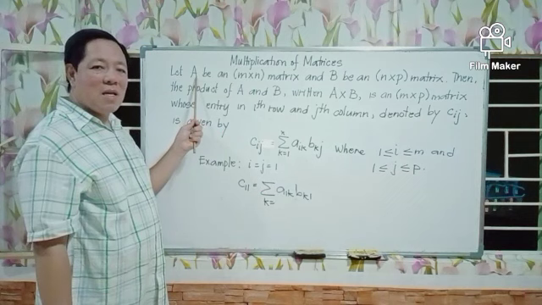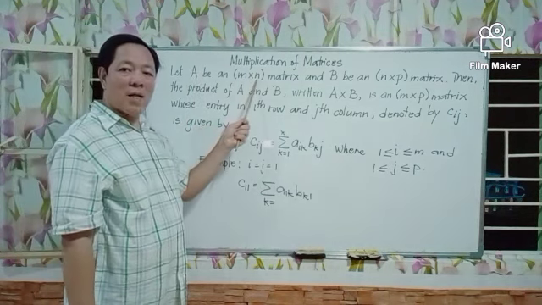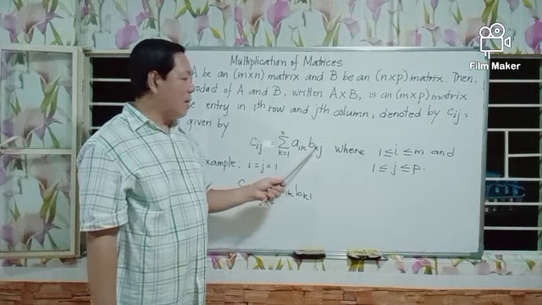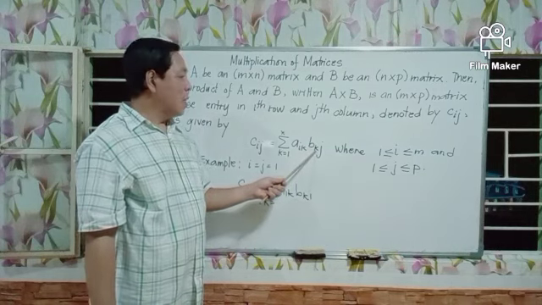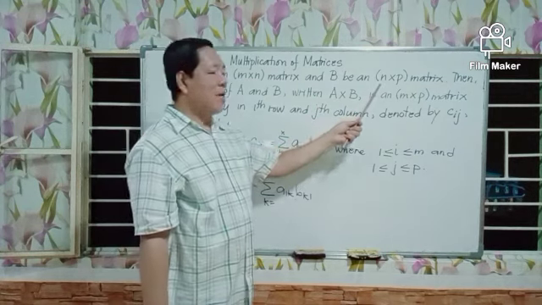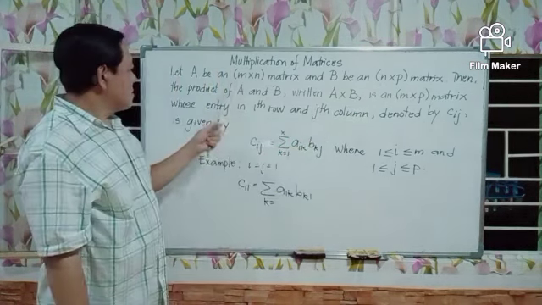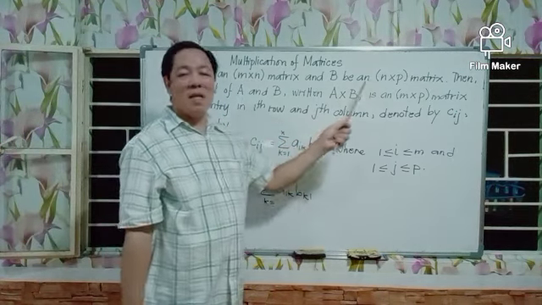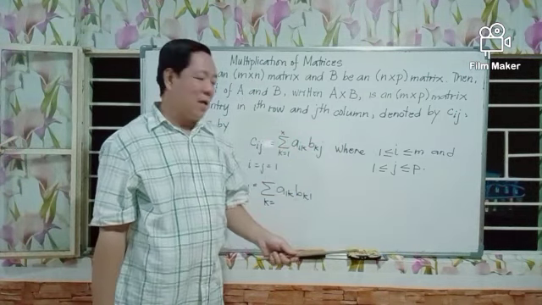And matrix A has n columns. B sub kj is the entry in the kth row of matrix B, and matrix B has n rows. The number of columns of A is n, and the number of rows of B is n. That's why the product is defined.